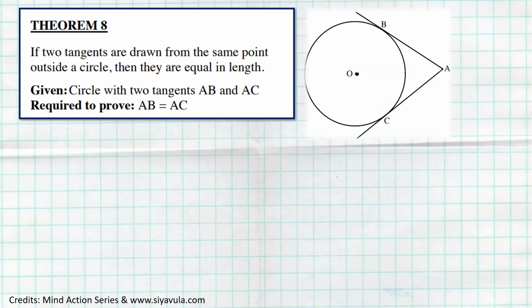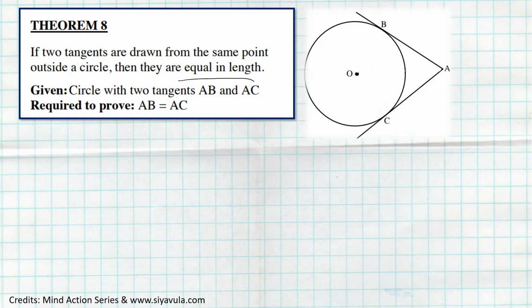Let us now explore theorem number 8 of tangents. This theorem states that if two tangents are drawn from the same point outside a circle, then those two tangents will be equal in length. Very simple theorem. Can you see tangent AB and tangent AC there?